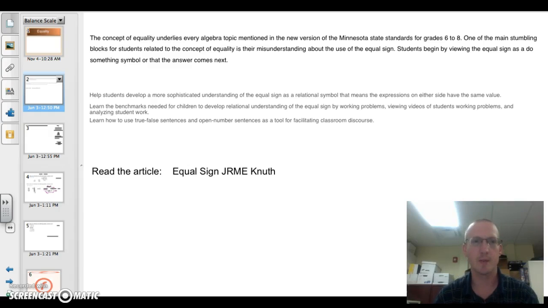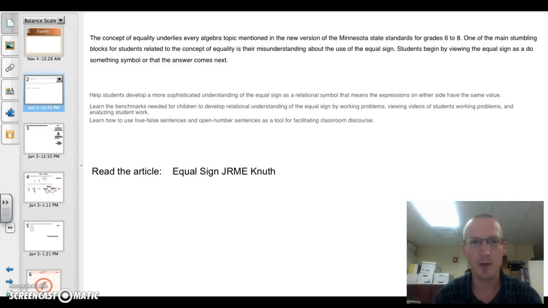It's one of the main stumbling blocks that our special ed students have as they go into algebra classes, and it's one of those misunderstood concepts that we need to correct, and we can really go a long way with those students once we fix those underlying misconceptions. Students begin by viewing the equal sign as a do-something symbol or as an answer of what comes next. We need to move them through that thinking.